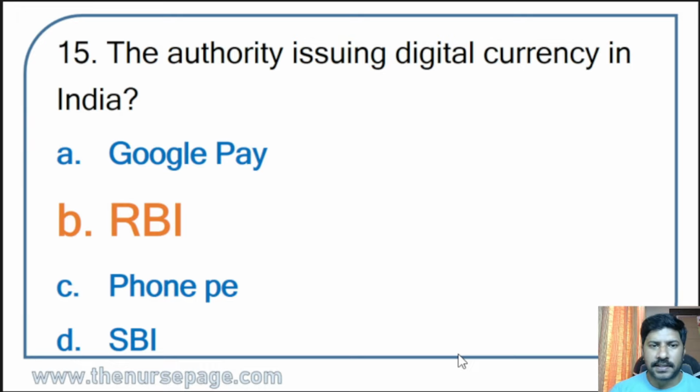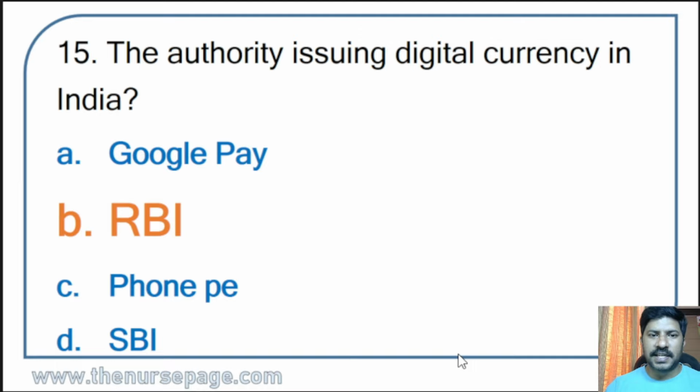On December 1st, RBI issued digital currency in India as a pilot program. It was initially issued in four main cities and through four main banks only. After that, they are planning to introduce it step by step all over India, through 8 main banks.